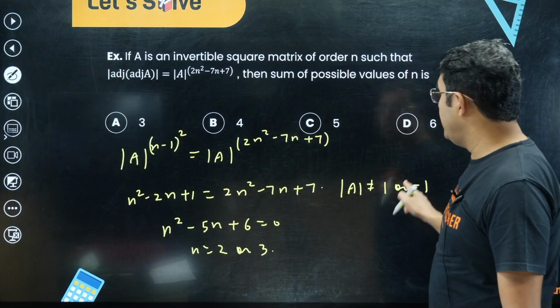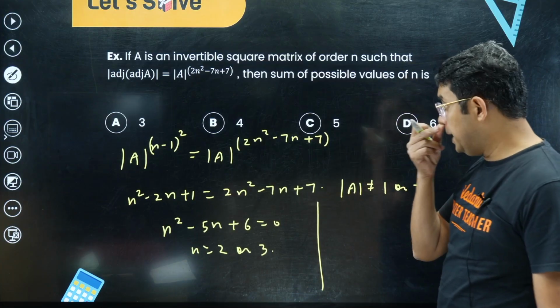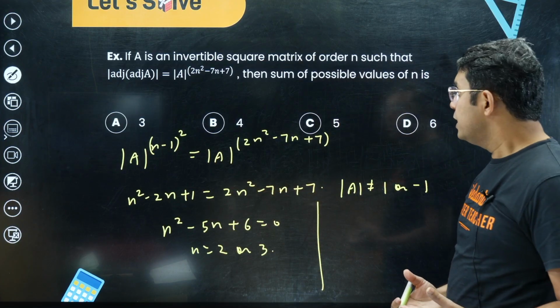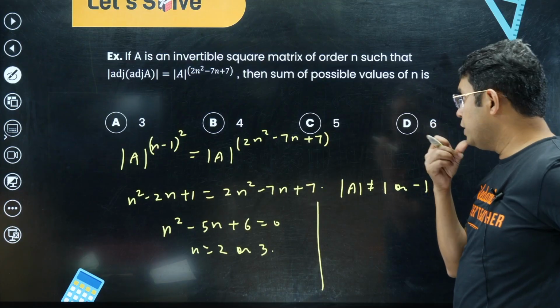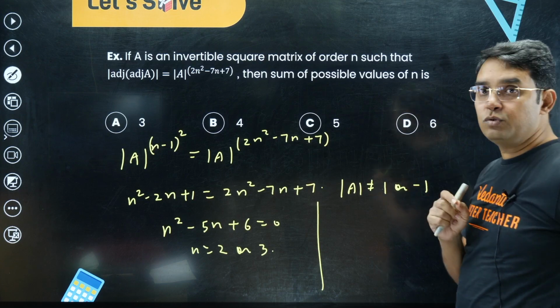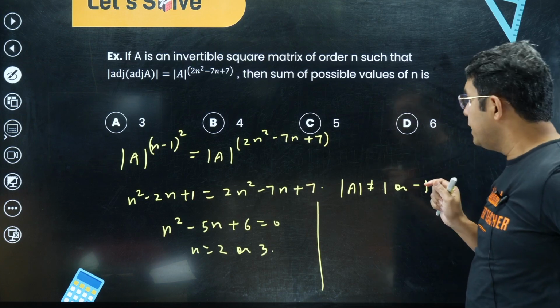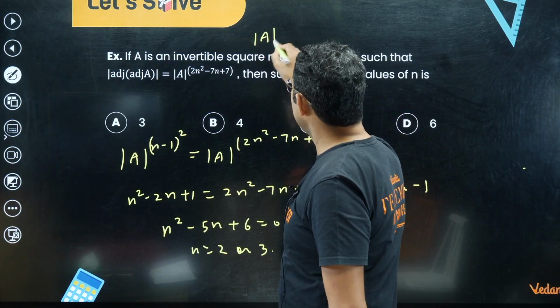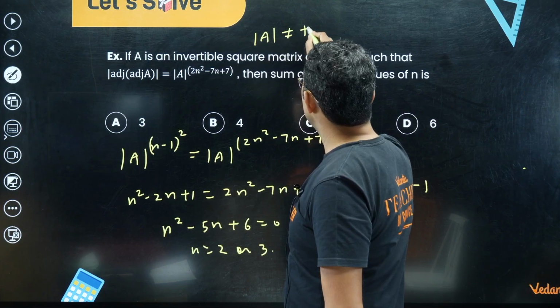Actually when determinant value is equal to 1, in that case your power can be anything. Your powers can be anything. So you can choose any value of n. Okay. So in that case this question seems to have some problem. So I will say that in this case they should have mentioned that determinant A is not equal to plus or minus 1.